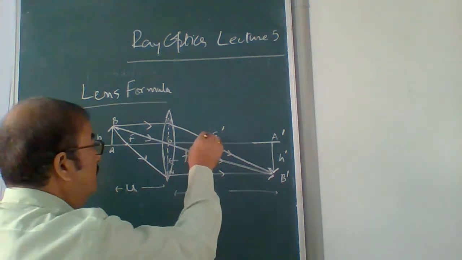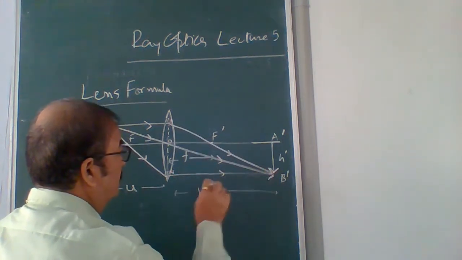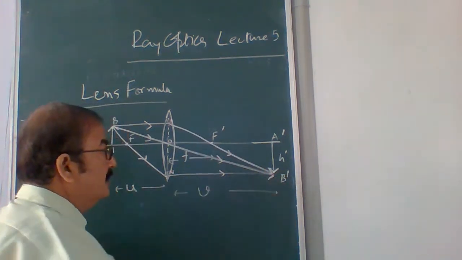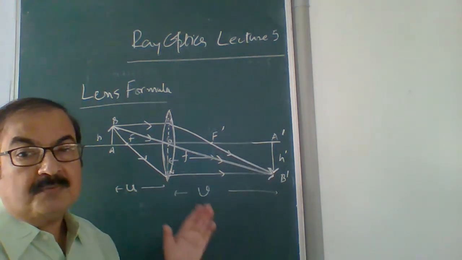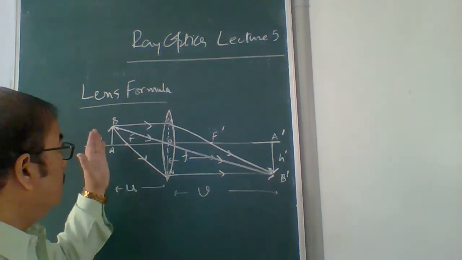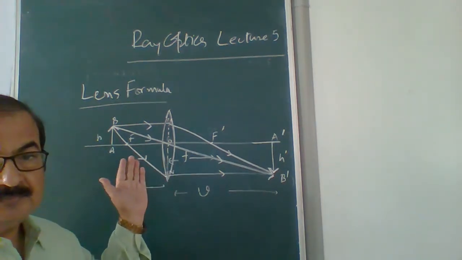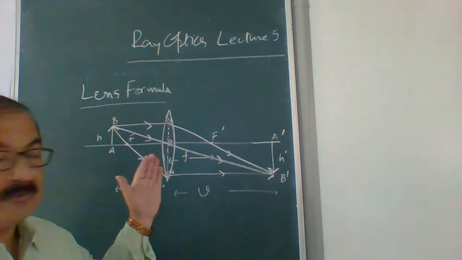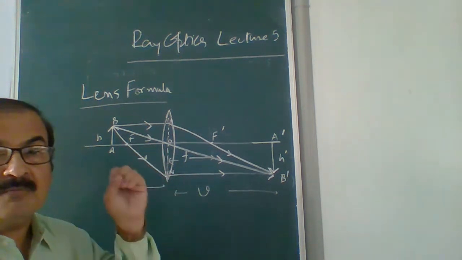If we have two refracted rays, one is this one, other is this one, they must meet at the point B dash, and therefore A dash B dash will be the position of the image. Here you can see I have placed the object beyond focus f. फोकस के पीछे बनाया, अगर फोकस के अंदर बनाते फोकस और ऑप्टिकल सेंटर के बीच में, तो डायरेक्ट इमेज बनता और वर्चुअल इमेज बनता.